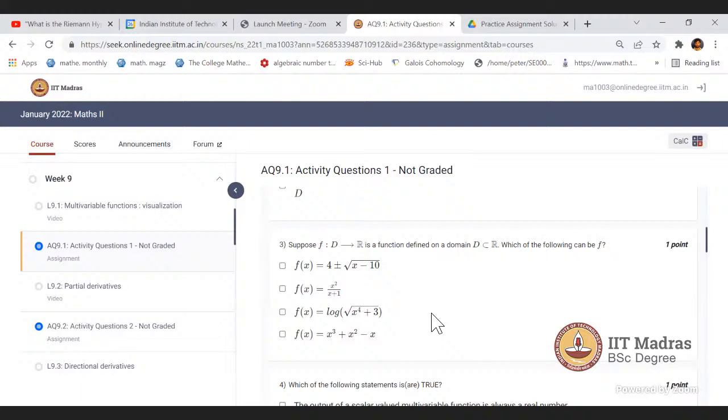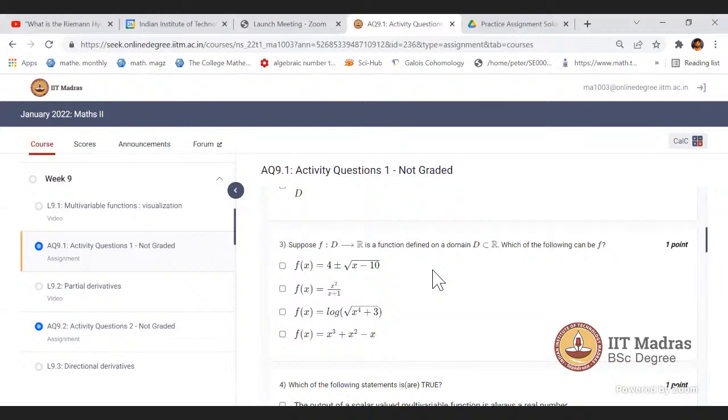Yeah. So just for clarity once again, the reason I was confused with the second option is that in the question they said the function is from D to R, and D is a subset. So we can't assume that x equals minus 1 is excluded, right? D is a subset of R. Yes, D can be a proper subset.